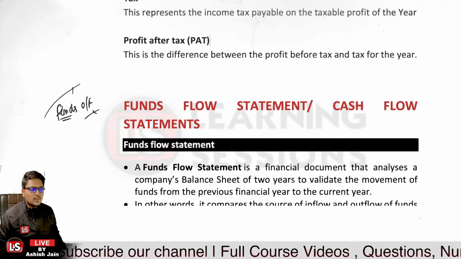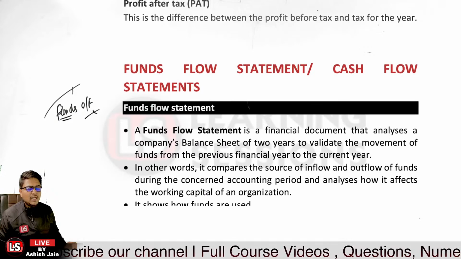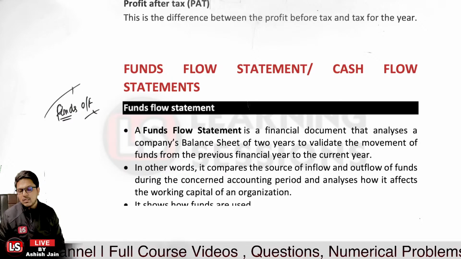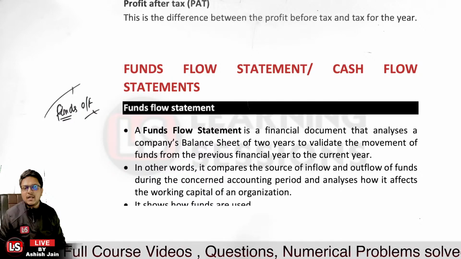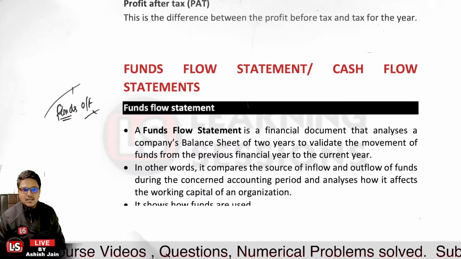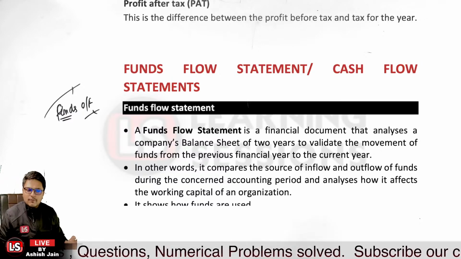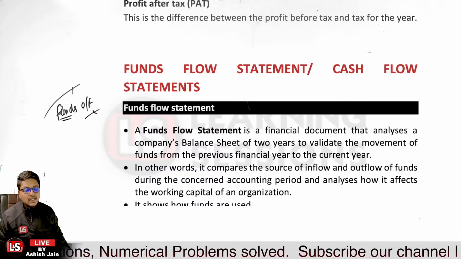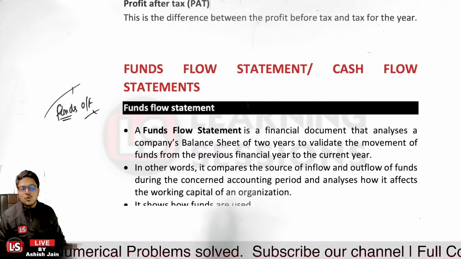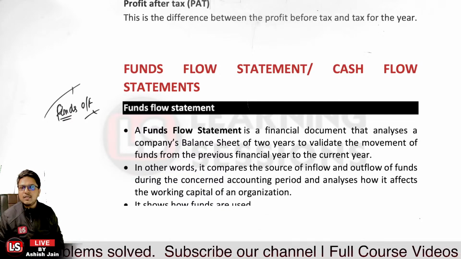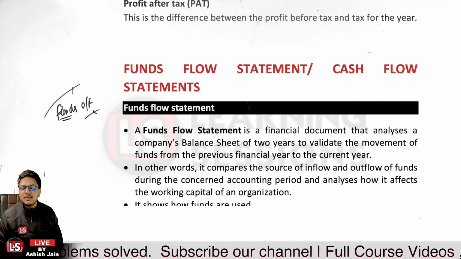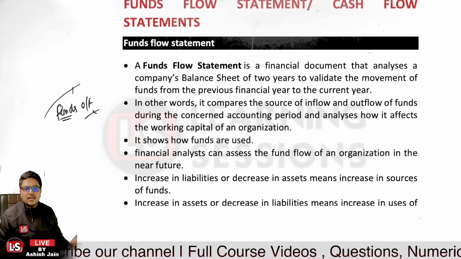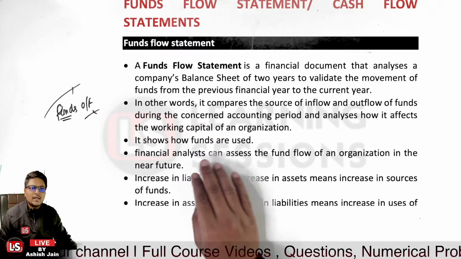It compares the sources of inflow and outflow of the funds during the concerned accounting periods, and we analyze how this inflow and outflow is going to affect the working capital needs of the organization, and how these funds are utilized.